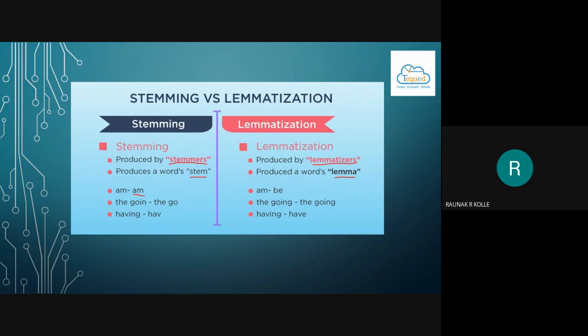Now, if the sentence is I am building a house, and it has to be changed into third person, in English we would say that he is building a house, but that changing from am to is takes place through lemmatization. And the root word for am, is, was, etc., all of them is be. Hence, be is taken as the lemma.